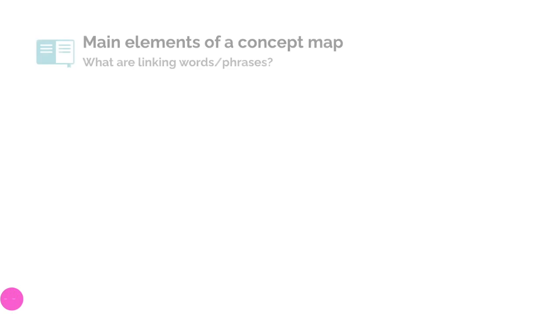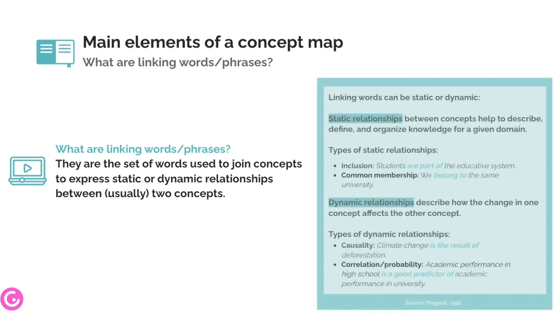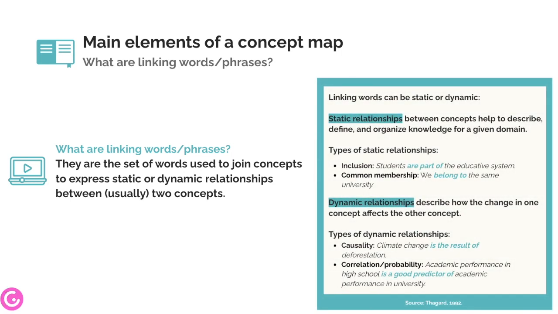What are linking words and phrases? They are a set of words used to join concepts to express static or dynamic relationships between, usually, two concepts. Linking words can be either static or dynamic. Static relationships between concepts help to describe, define, and organize knowledge for a given domain.